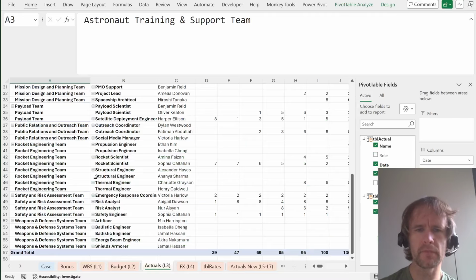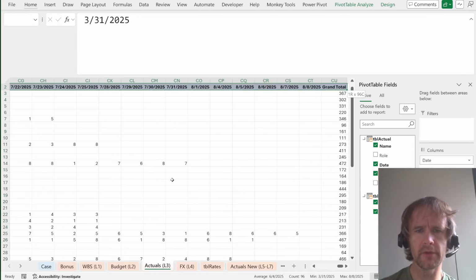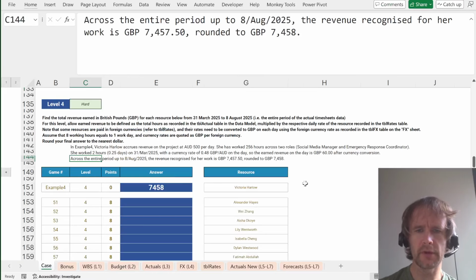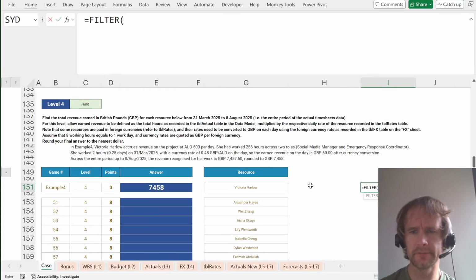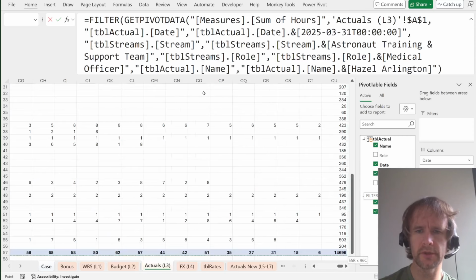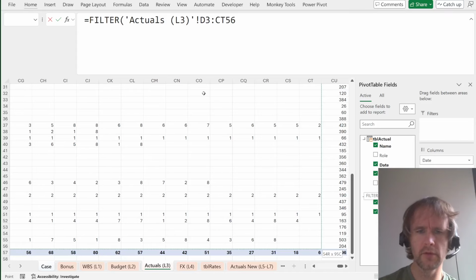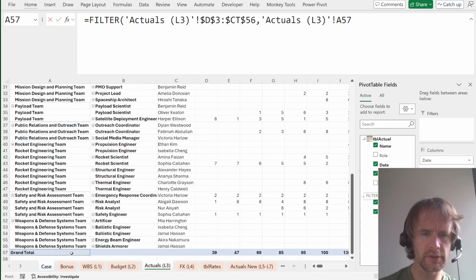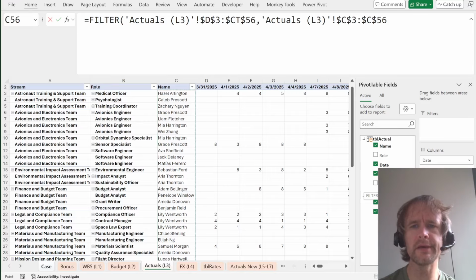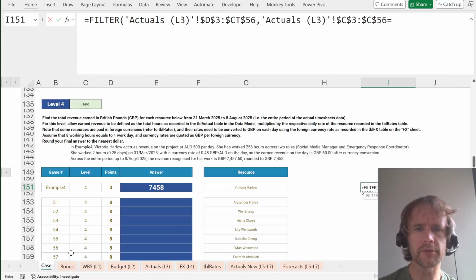Okay. So then, for a given person, let's start with this. We'll say filter this range, lock, where a person, lock, is the person we're given, which is G151.